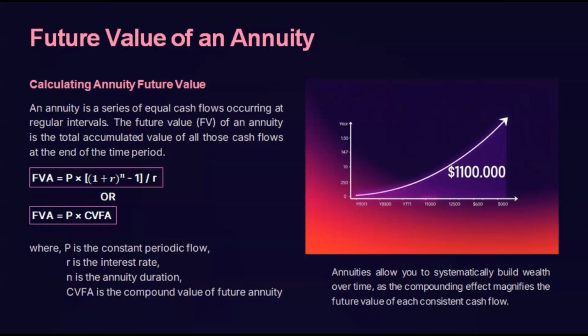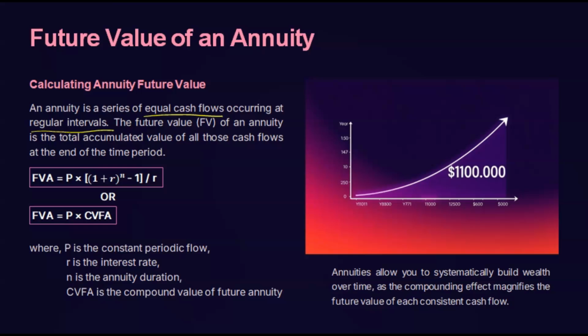So let's just start. Basically, future value of an annuity means you will not get a single amount, a single flow, but there will be equal cash flows occurring at regular intervals. There is a periodic cash flow which will be given, meaning some amount you are investing.